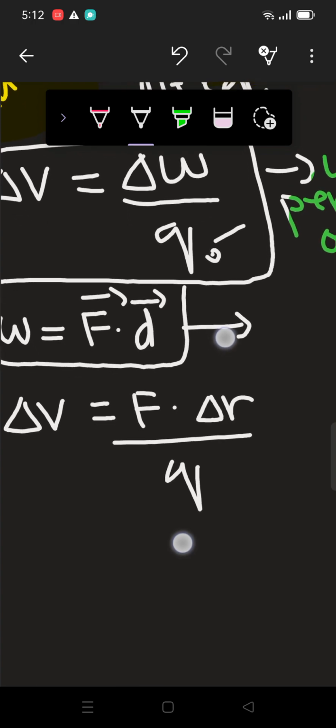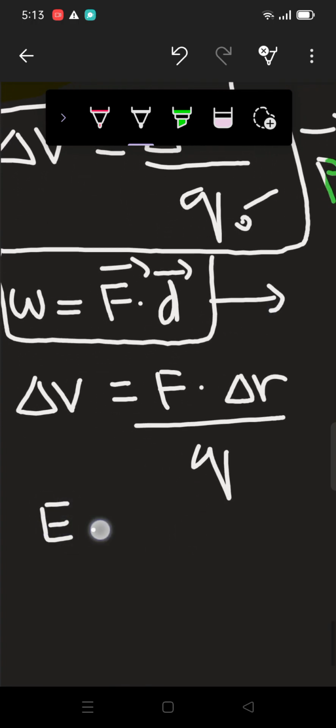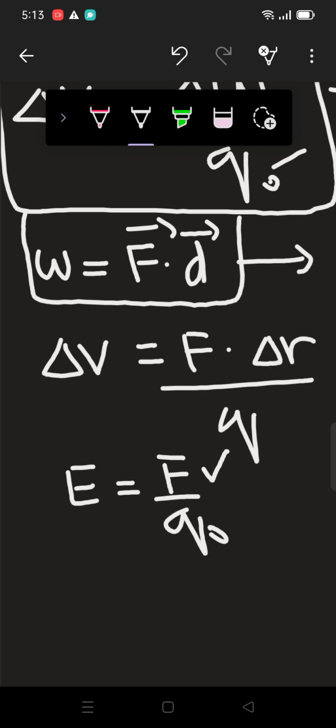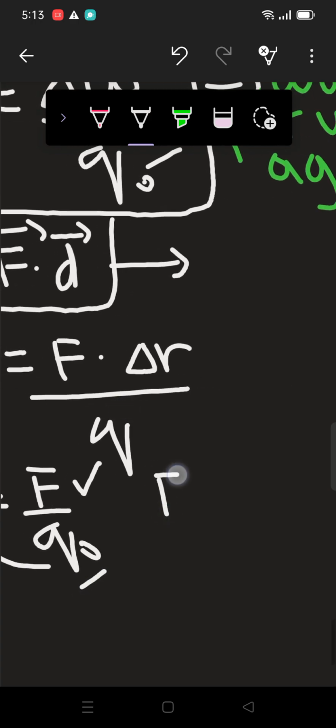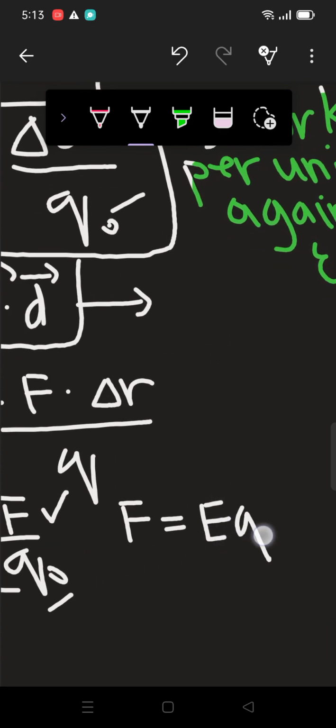Now, as we have already discussed, the electric field is the ratio of the force per unit charge. I need the value of this force, so of course this q naught is dividing here, and when it goes to the other side it will be multiplied. So finally we have F is equal to E q naught.